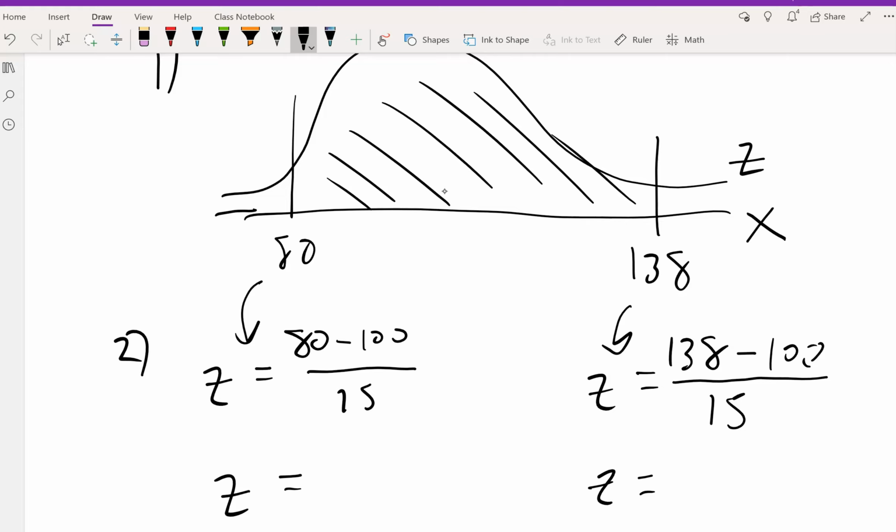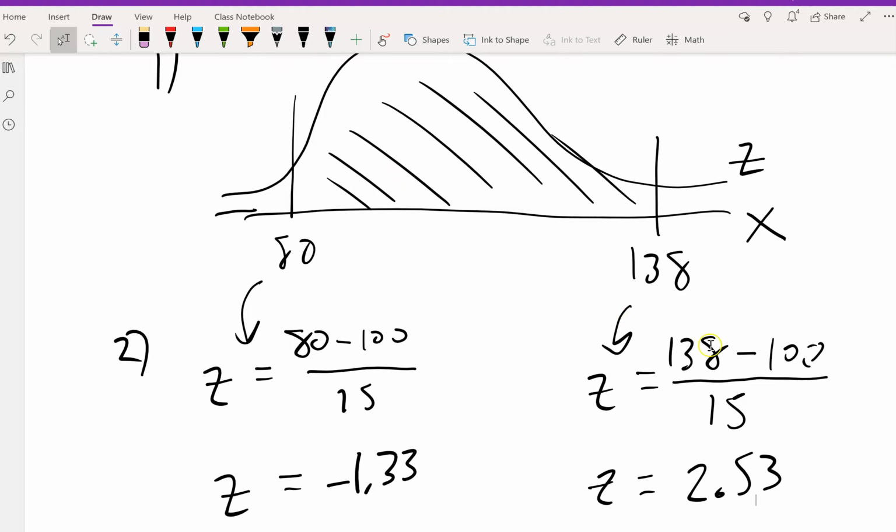So 80 minus 100 is negative 20. Divide by 15 gives me a whopping negative 1.33. 138 minus 100 is 38. Divide by 15 is 2.53. And those make sense if I could get to the master picture quickly. What they represent, though, is positions.